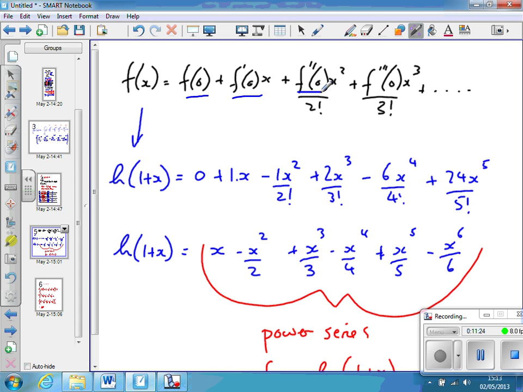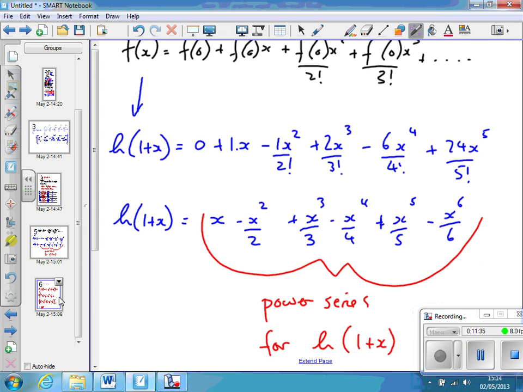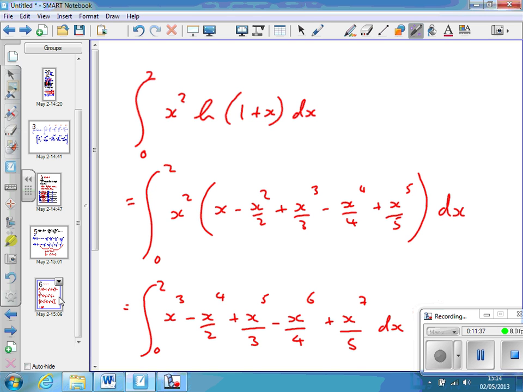Often when you tidy up, you end up with a nice pattern emerging. So you put these numbers into the Maclaurin series, and then tidy up to get the power series, and then you replace log of 1 plus x in this particular case with the power series, expand out the brackets, and then you can easily integrate what's left, because it's just a case of integrating each term in turn.